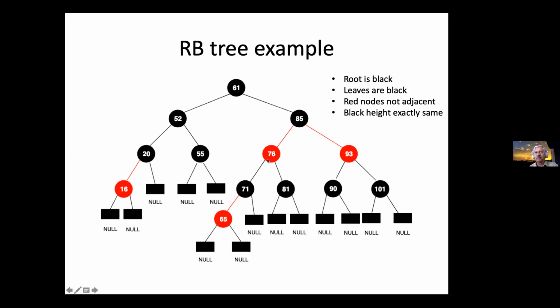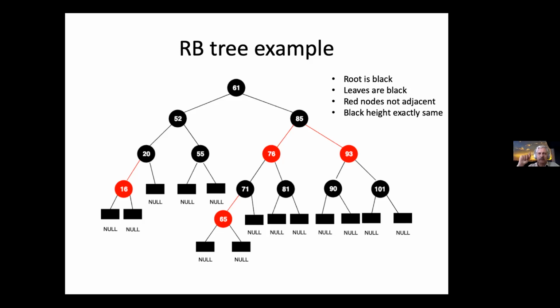The most important property is that when you take any path from the root to a leaf node, the number of black nodes that you encounter along that path is always the same. So that means that all the leaves are at the same black height of the tree.